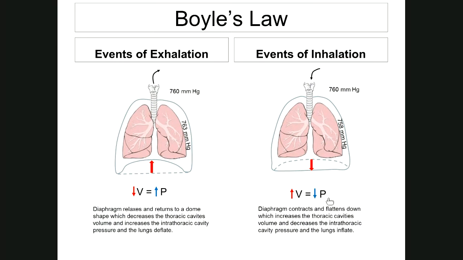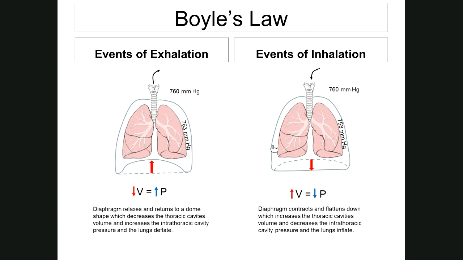Now look at the little red arrow there. You see that the diaphragm has gone from where it was in the relaxed position, the dotted line, is contracted and gone down to more level. That increased the size of the thoracic cavity. It increased the volume. And the external intercostals that are in the walls of the thoracic cavity, when they contract, they lift and raise your rib cage up.